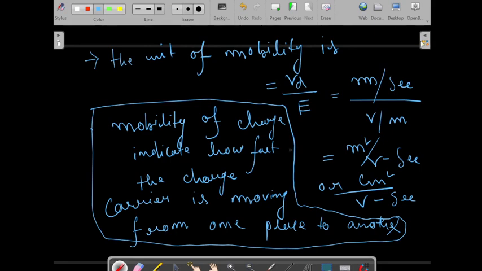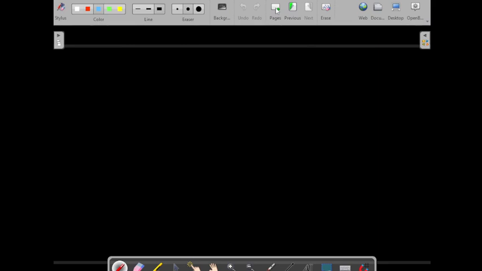I will use the word semiconductor throughout my whole lecture. In semiconductor, the charge carriers are of two types: electron and hole.